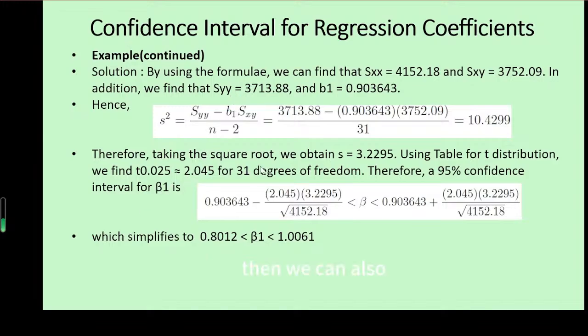Then we can also get the s value and t 0.025 for 31 degrees of freedom from the t distribution. Then the 95% confidence interval for beta 1 is just filling all the values into the formula from the previous page. So we get that beta 1's confidence interval is about between 0.8 and 1.